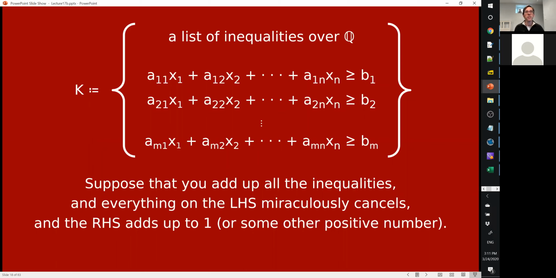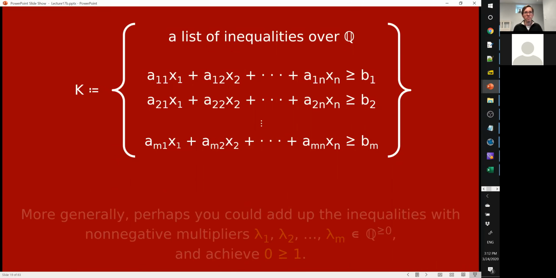You get 0 on the left-hand side, and the right-hand side adds up to the number 1 or some other positive number. Then that would show that no matter what x is, if it satisfies all these inequalities, it would also satisfy their sum. And in this miraculous setting, the sum is 0 greater than or equal to 1, which is not true. That would be a demonstration that these inequalities have no solution.